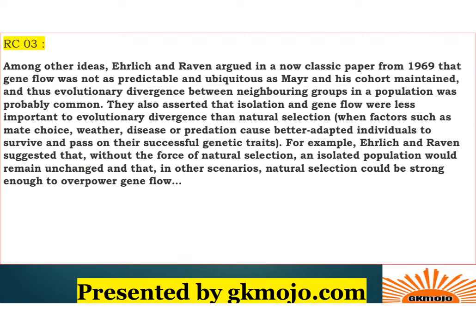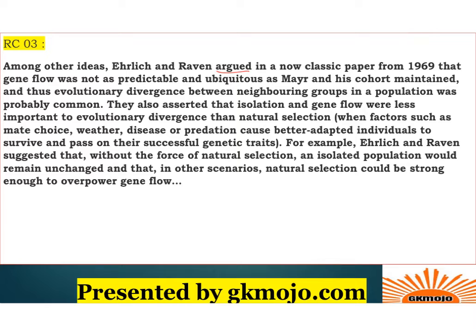Among other ideas, Ehrlich and Raven argued in a now classic paper from 1969 that the gene flow was not predictable and ubiquitous, as Mayr and his cohort maintained, and thus evolutionary divergence between neighboring groups in a population was probably common.